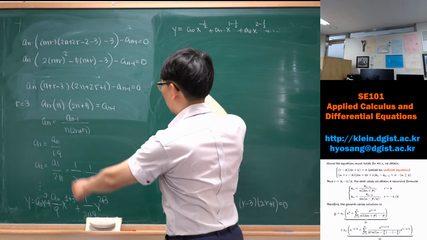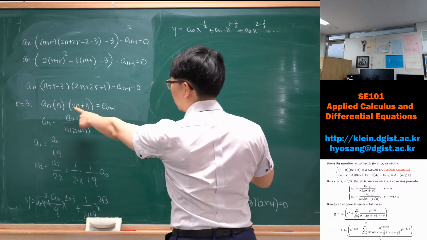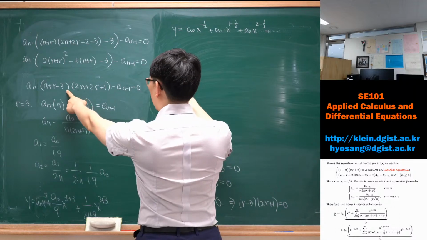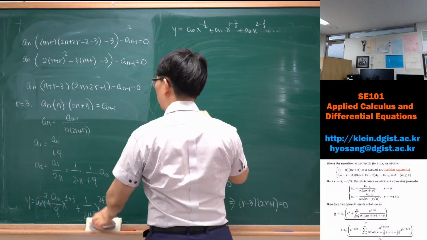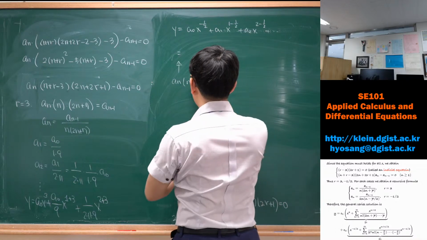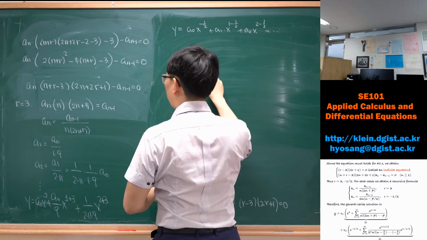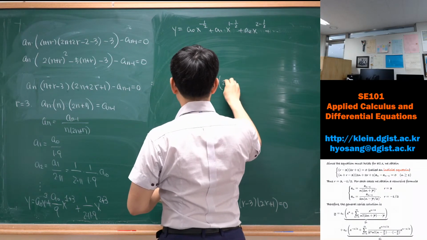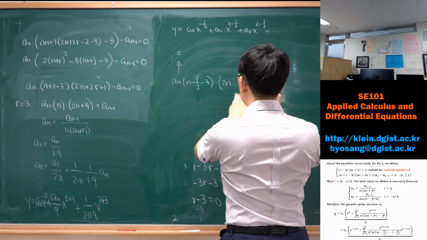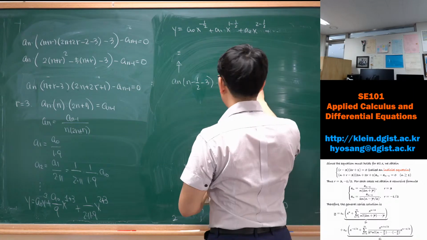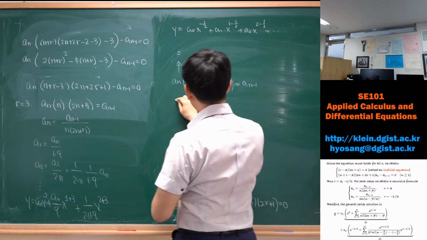But the recursive formula says when r is negative 1 over 2, a_n times n times (n minus 1 over 2 minus 3 times 2n), so this is just 2n, equals a_(n minus 1).